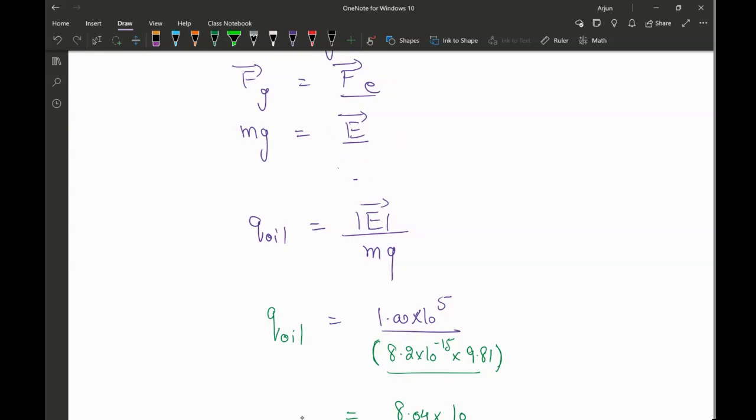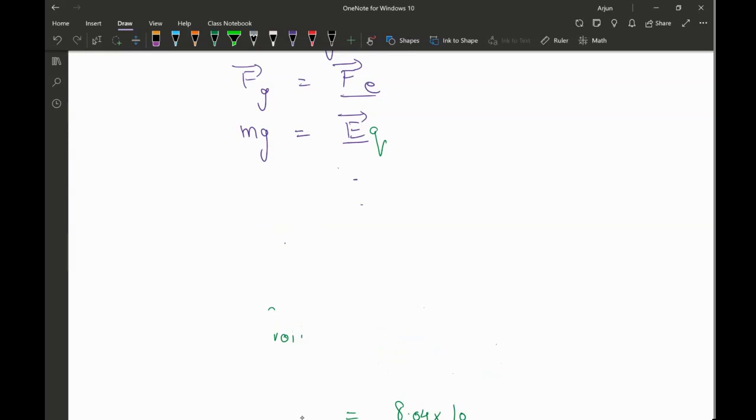This is E times Q, not E over Q. So I'm going to erase this and do the rest of the calculations one more time. So this is EQ, Q oil, equal to mg divided by E. That's how I should write it.